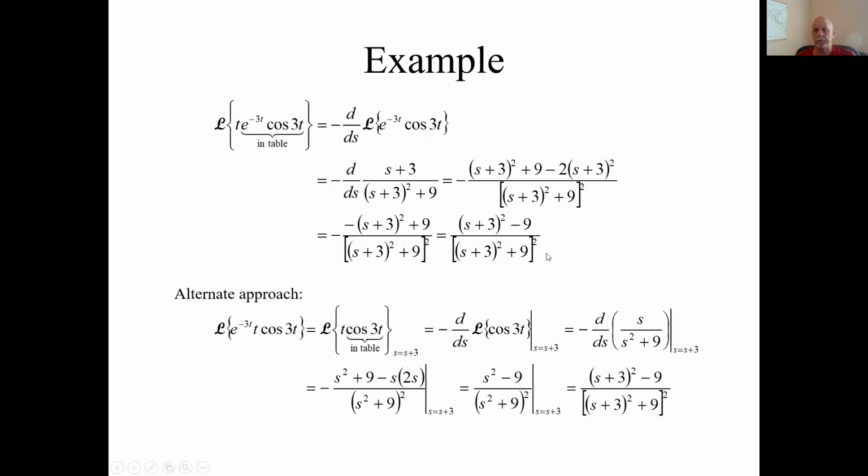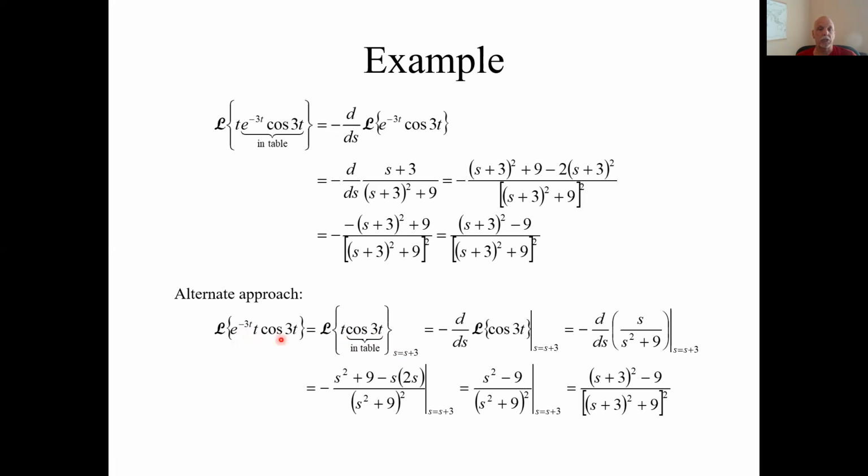An alternate approach, say you didn't have all of this in the table. But remember, we had this property that if you multiply a time function by e to the minus at, it's the Laplace transform of the rest of it evaluated at s plus a.